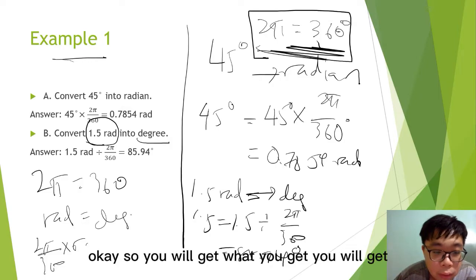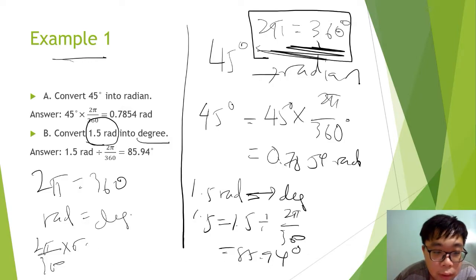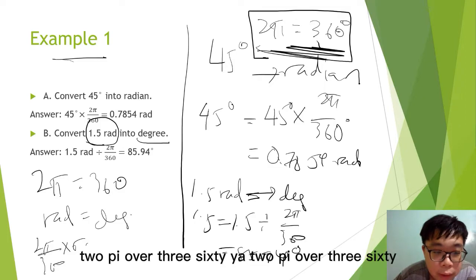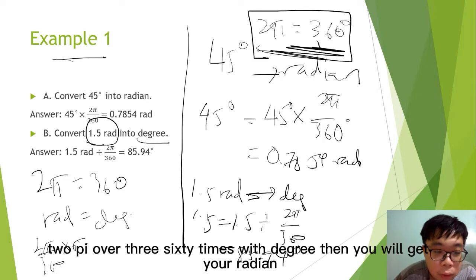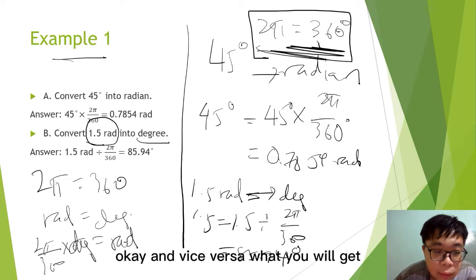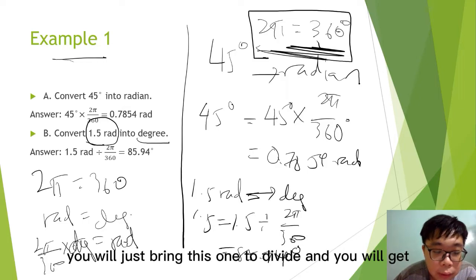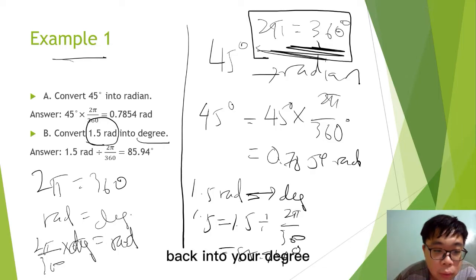When 2 pi over 360, you move this one here, you get 1. So this refers to 2 pi over 2 pi multiplied with degree, and you will get your radian. And vice versa, you bring this one here, you divide, and you will get back your degree.